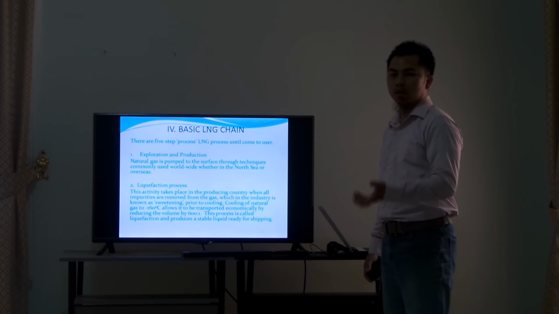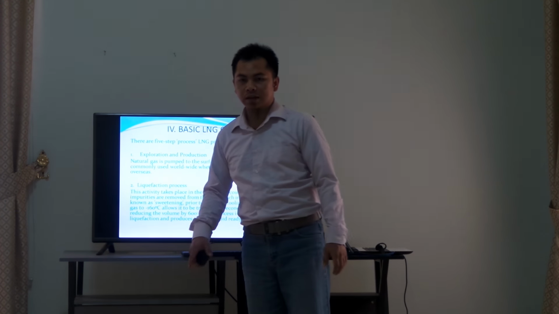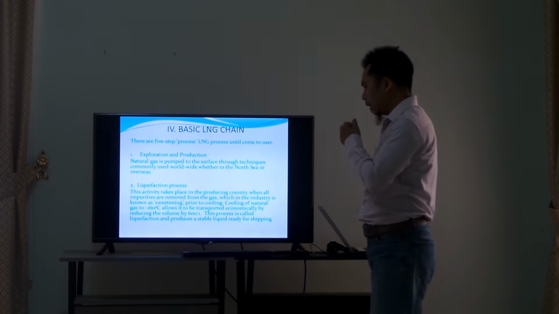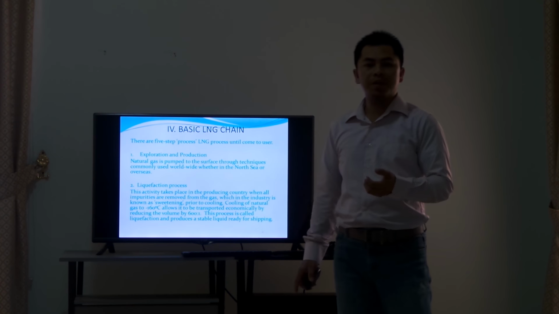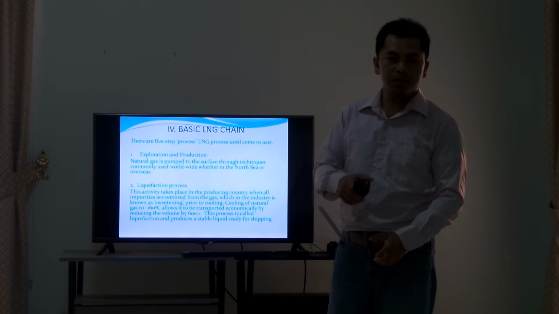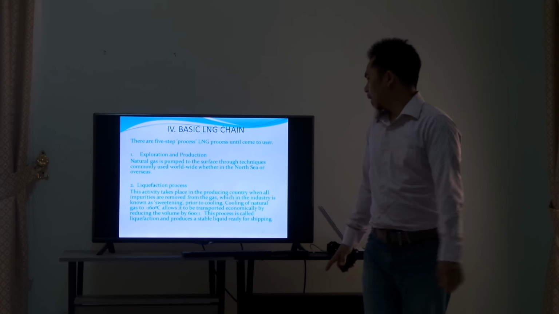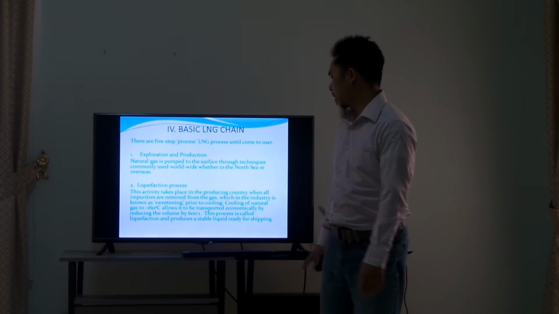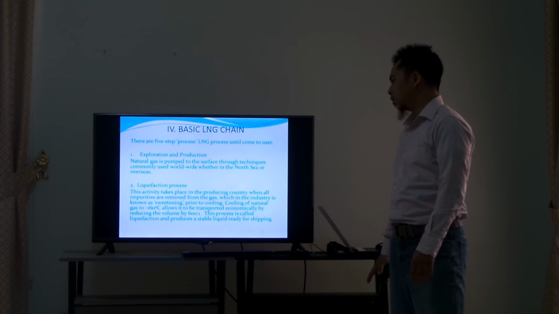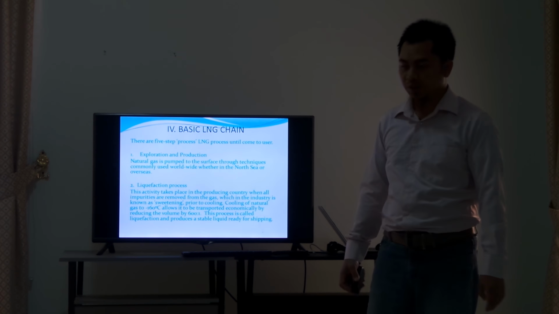After that, they cool the gas to -160 degrees Celsius. After reducing the temperature, the gas is converted from gas to liquid, reducing the volume by 600 times. This process is called liquefaction and produces a stable liquid ready for shipping.